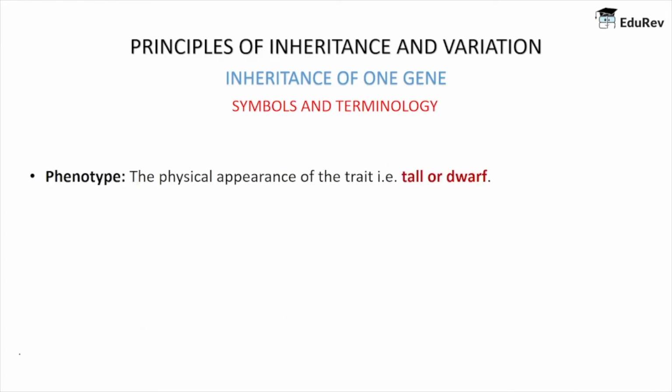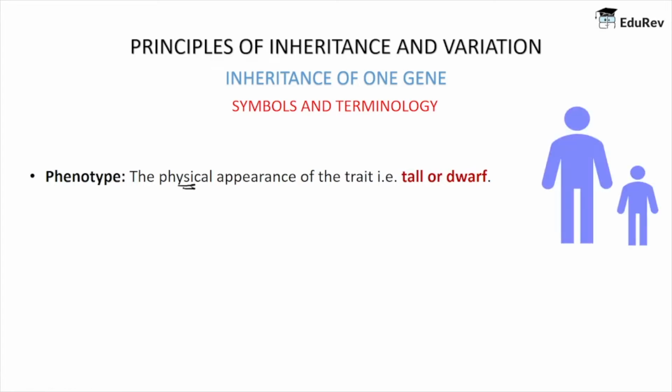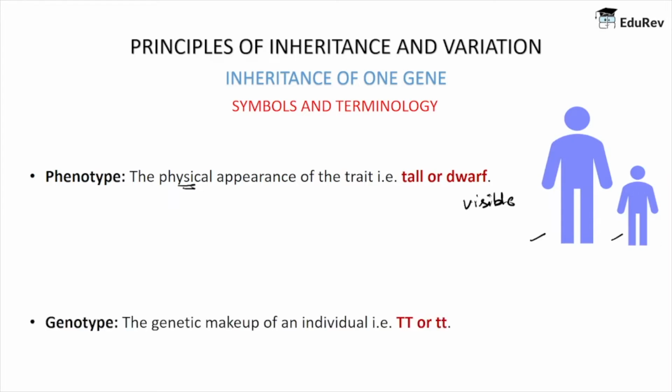Next terminology is the phenotype. Phenotype is the physical appearance of the trait, that either that person will be tall or dwarf. These are visible characters that you can see with your own eyes. Now next is the genotype.